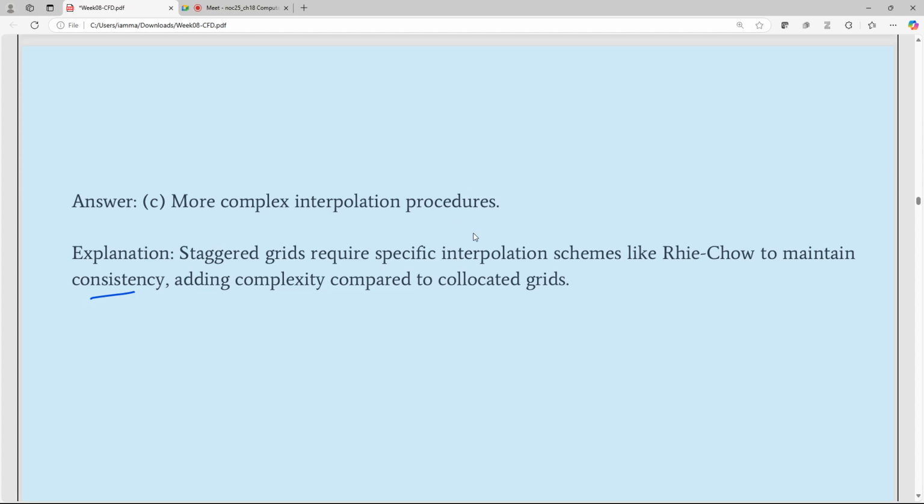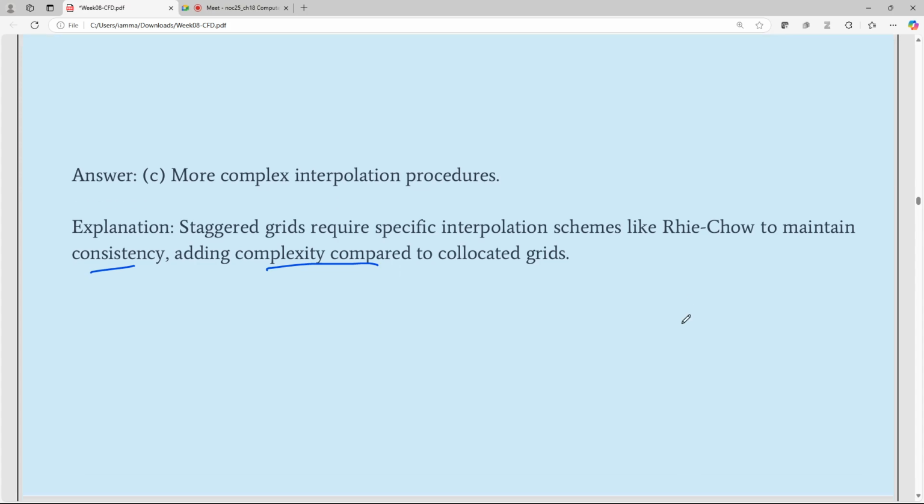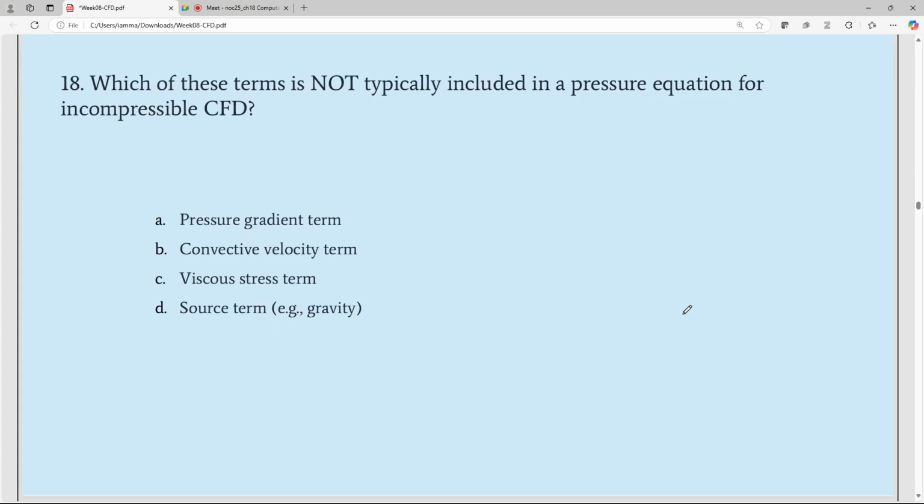While these interpolation procedures will give better consistency, they will add complexity to the schemes compared to those of collocated grids. Moving on to next question.